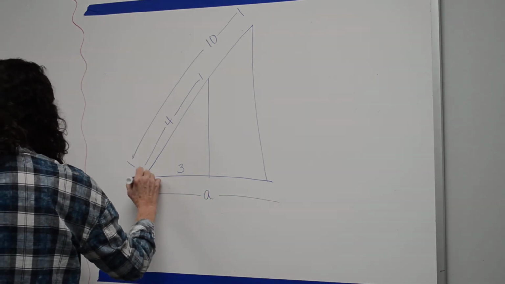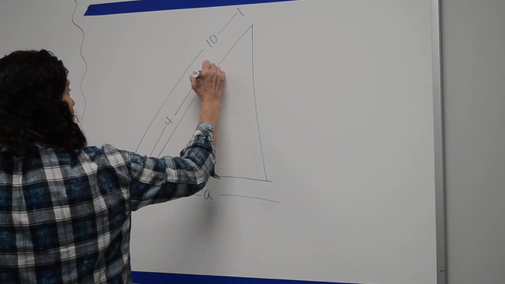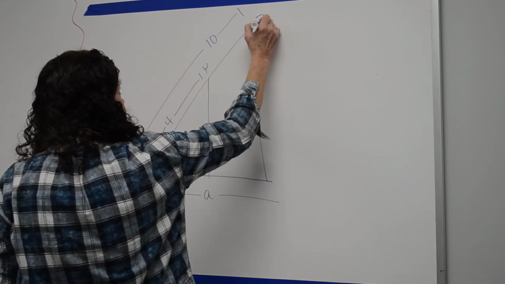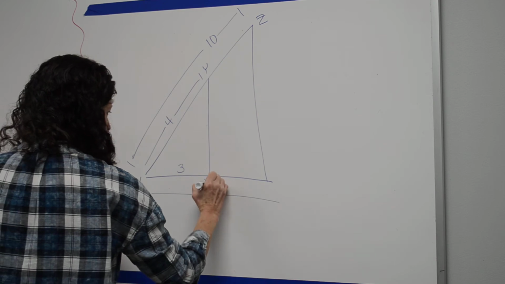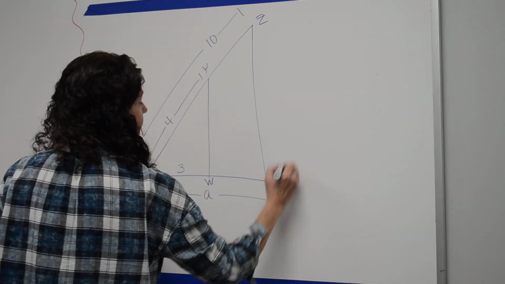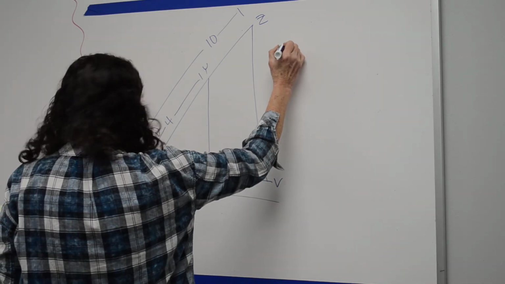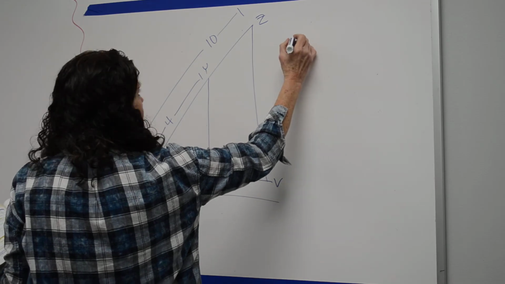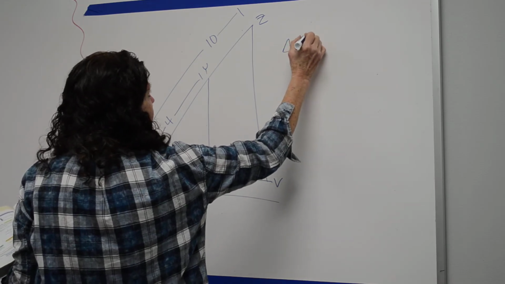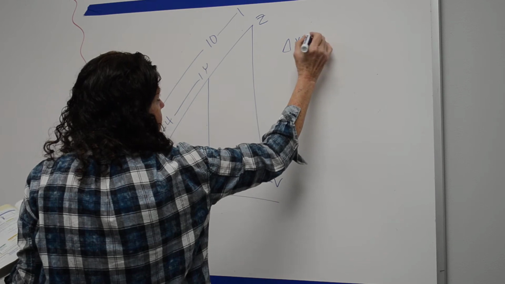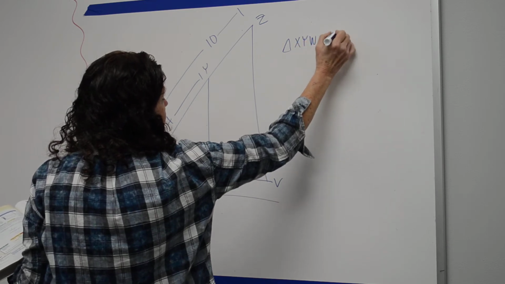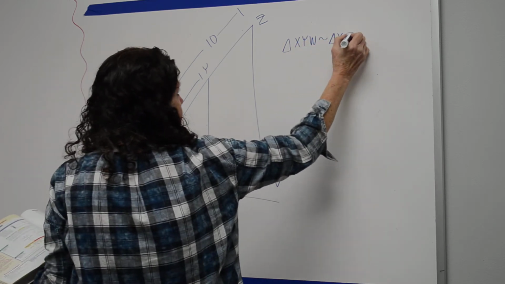This is an X, a Y, a Z, a W, and a V, and I know that triangle XYW is similar to triangle XZV.